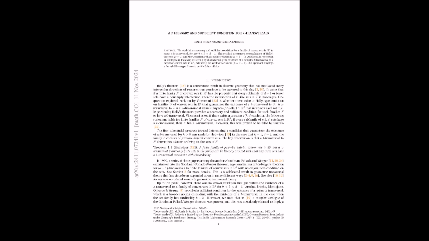Remember those Stiefel manifolds we talked about? Yeah, each point on the manifold represents a way to arrange a bunch of perpendicular vectors. Right. Each point represents one of these frames. So you can think of it as a bunch of arrows all pointing out from the origin, and they're all perpendicular to each other. Okay. Now, each frame defines a subspace, let's call it V, that's spanned by those vectors. So it's like a lower dimensional slice of that d+1 dimensional space. Oh, okay.